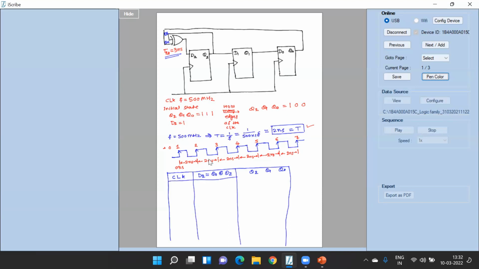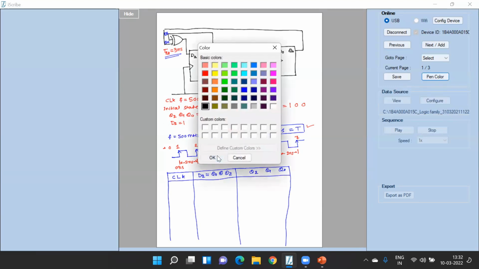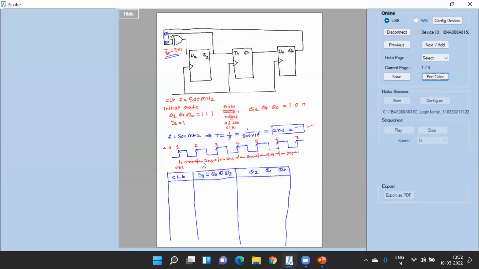Now let's take the initial condition, which is at 0 nanosecond. Before edge 1 happens, that is my 0.